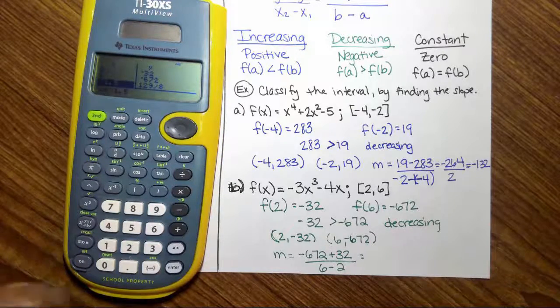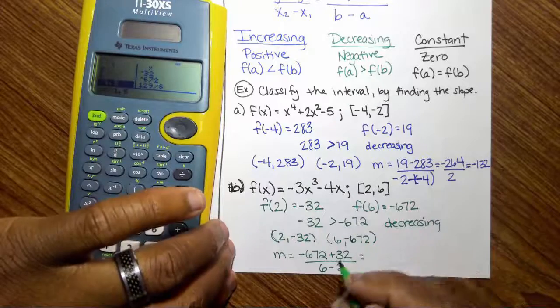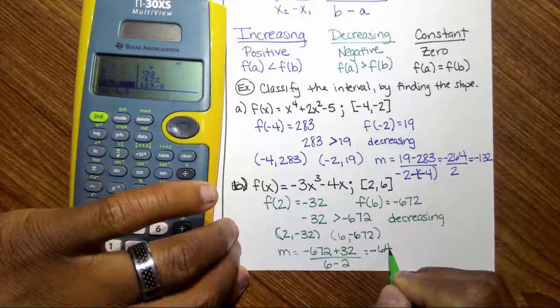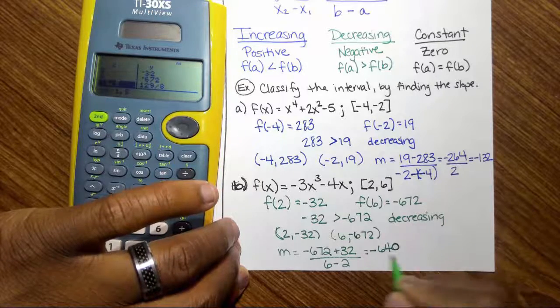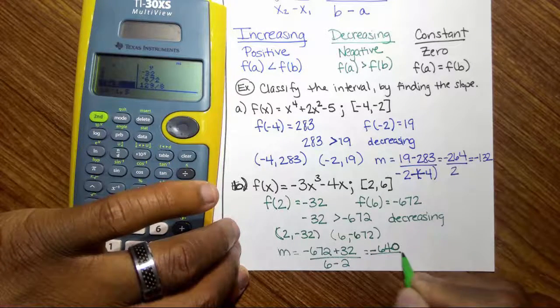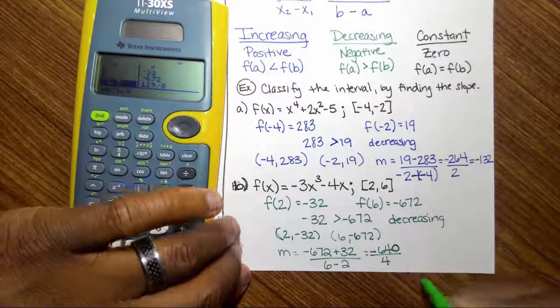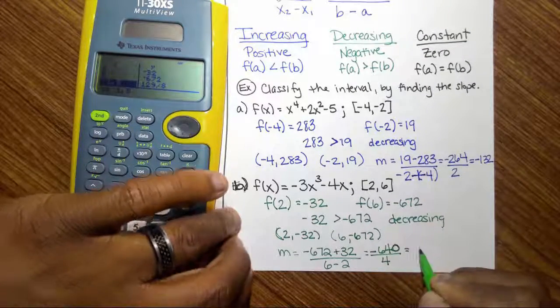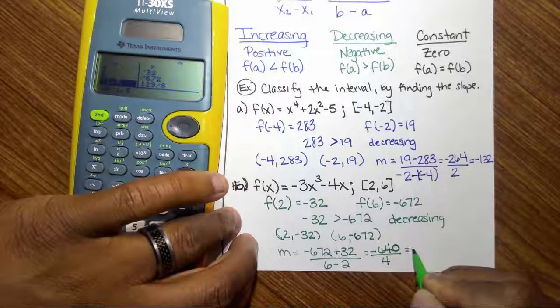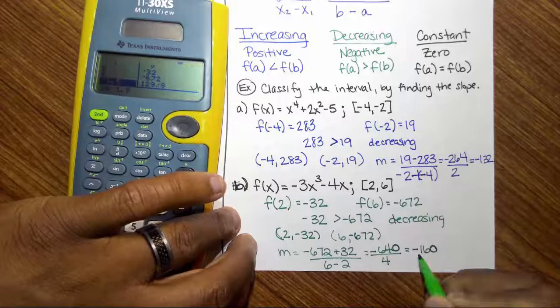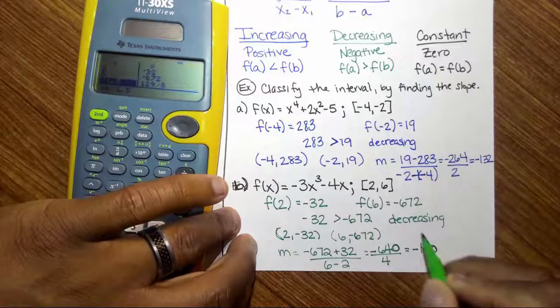Negative 672 plus 32, what'd y'all get for that? Negative 640. So that's negative 640 over 6 minus 2 is 4. Negative 640 divided by 4 is negative 160. And because you have a negative slope, that also means you're doing what? Decreasing on the interval.